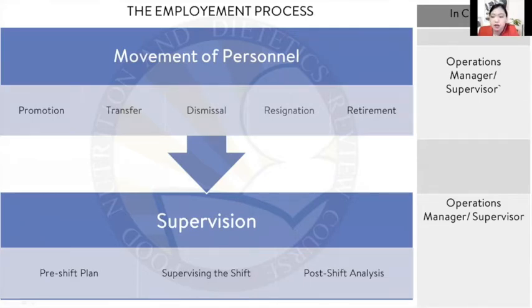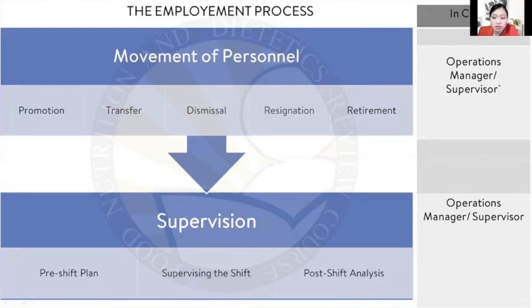And lastly, supervision. So supervision is a collection of work, coordinating and directing tasks to the employees, and a lot of decision-making processes. So it happens round the clock from pre-shift, such as preparing the employees for the operations, planning the schedules and the tasks to be done.